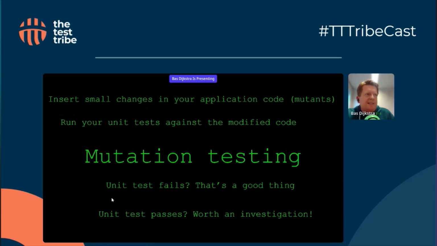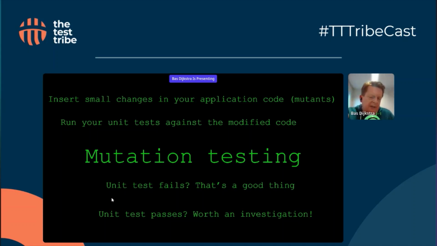If there's a change that's not detected by any of the tests, that's worth an investigation. So, if the mutation testing tool is able to make some changes in your code that are not picked up by any of the tests, that might just mean that your tests are not effective enough.